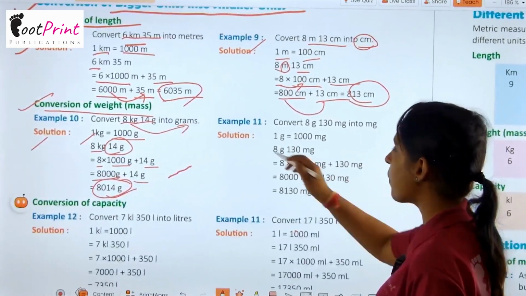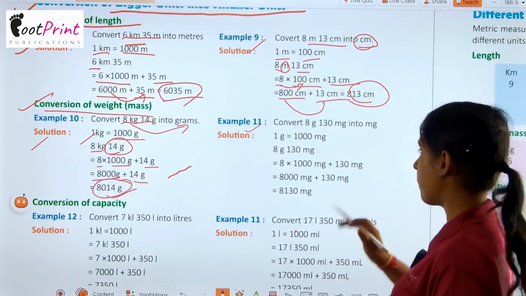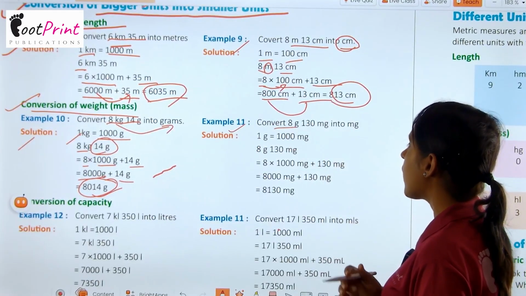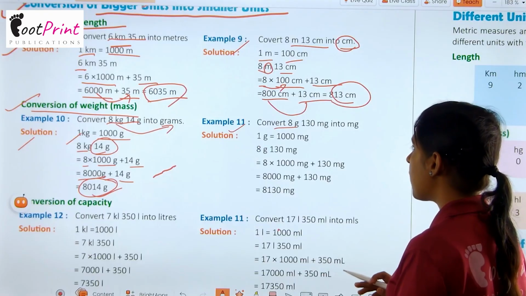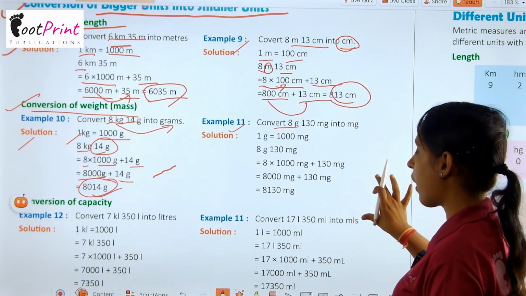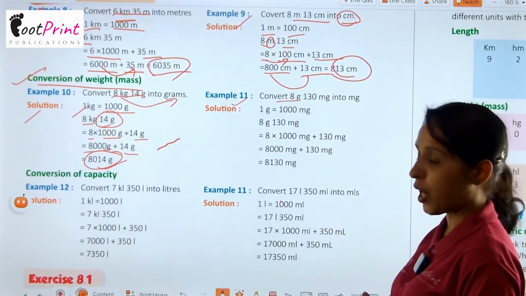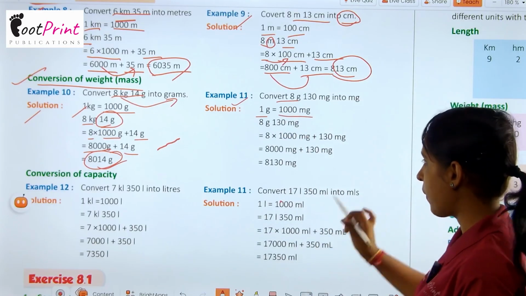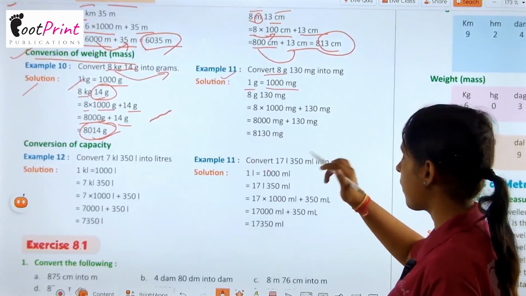Okay, the next example is example number 11. Here convert 8 gram 130 milligram into milligram. We know that 1 gram equals 1000 milligram, and we have to convert it here.